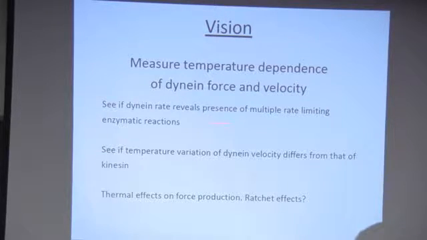What we were looking for was whether dynein motility moves differently from kinesin, and, because it has 4 binding sites for ATP, whether we would see any signatures of that. And the energetics of stepping is not that far removed from kT, which means there was a potential for differences in force production if you go to low temperature. So these motors might do something very interesting with temperature.